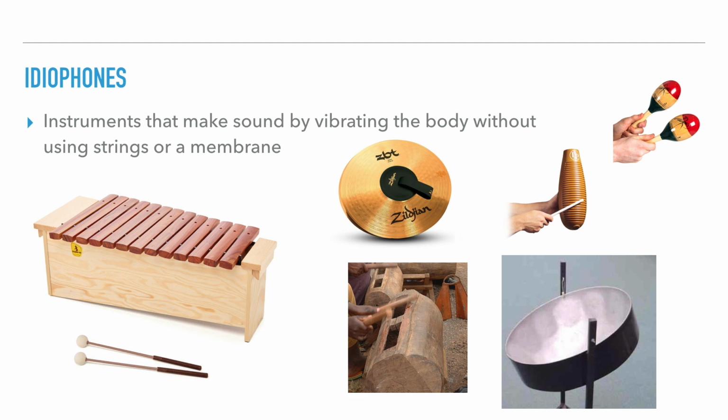The cymbals, the body of the cymbal, as they crash together, it's those that vibrate. And like all of the instruments on here, the maracas as well has little beads inside which hit against the body of the maraca, and that's what vibrates and makes a sound. Okay, so anything that is vibrating and it's the body of the instrument that vibrates, that is an idiophone.